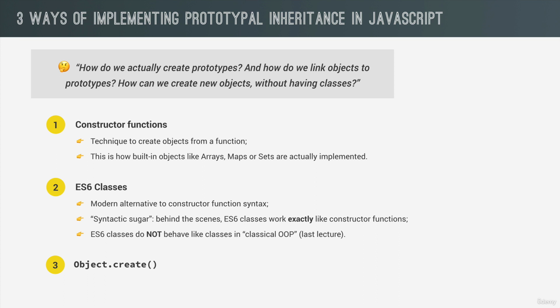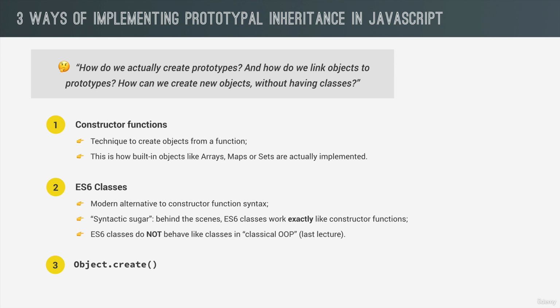So this means that ES6 classes are basically just a layer of abstraction over constructor functions. It's really just a nicer syntax that makes it easier for newcomers to do OOP in JavaScript. But behind the scenes, ES6 classes are actually implemented with constructor functions. And so they also use prototypal inheritance, just like we learned in the last slide.